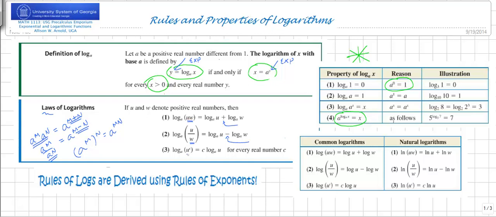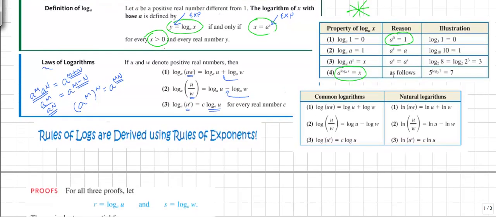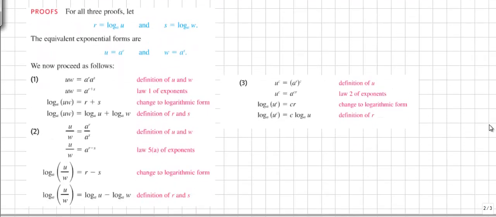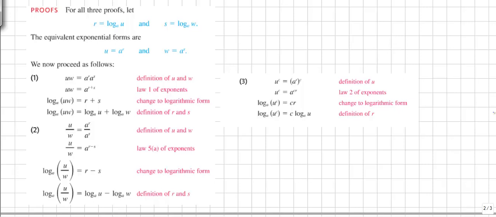The log of somebody to a power is the power times the logarithm, analogous to the power to a power rule with the like base. And this may not initially stand out clearly, but your ebook carefully and clearly demonstrates the proofs of all three of these laws using the rules of exponents.